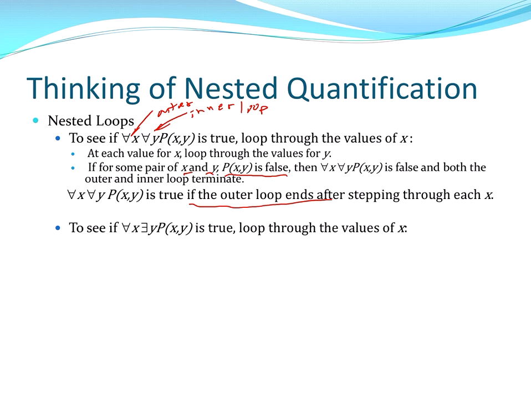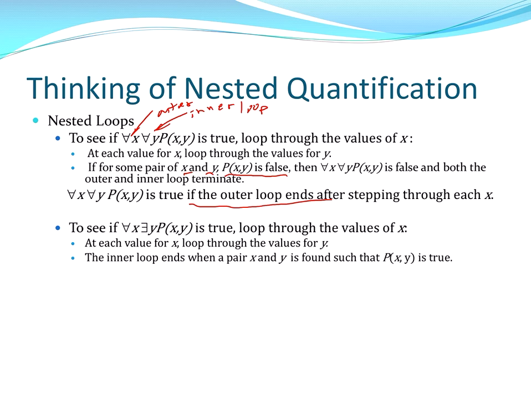All right, so for every x, there exists y, P of x, y is true. Once again, we'll loop through an outer loop through the values of x, but for every value of x, we'll loop through the values of y. And in this case, if we find a single pair for which it's true, a single y for which the x, y pair is true, we can stop looping through the values of y.